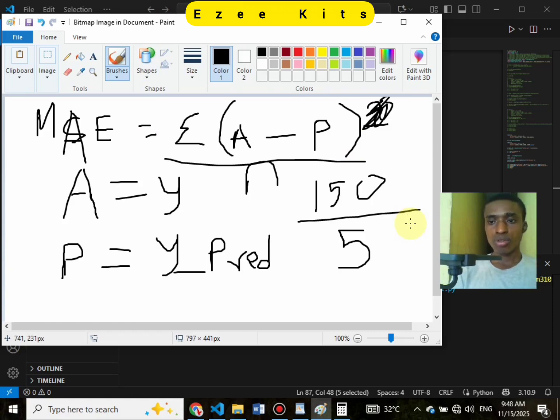For the R2 score, this R2 score is basically different from the mean absolute error and the mean squared error. So what does this R2 score actually do? It is like your model trying to explain the variation in your data.